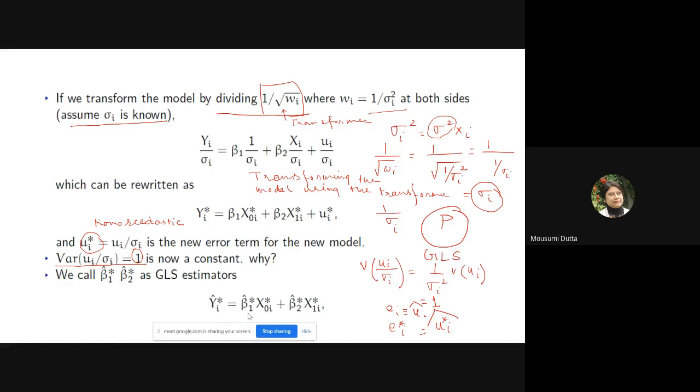It is given by this one, beta 1 star, etc. You know, so for the estimated values only we can do it.